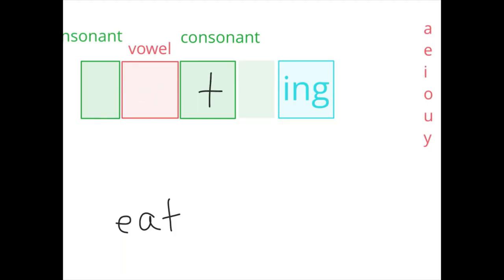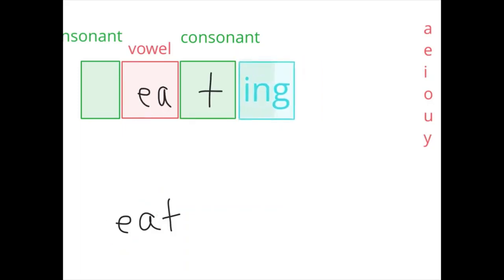We want to put both the EA in here because that is a digraph. So now when we look at this, we can say, oop, that's a digraph, so that means we are not going to double the final T. We will just say eating, E-A-T-I-N-G.